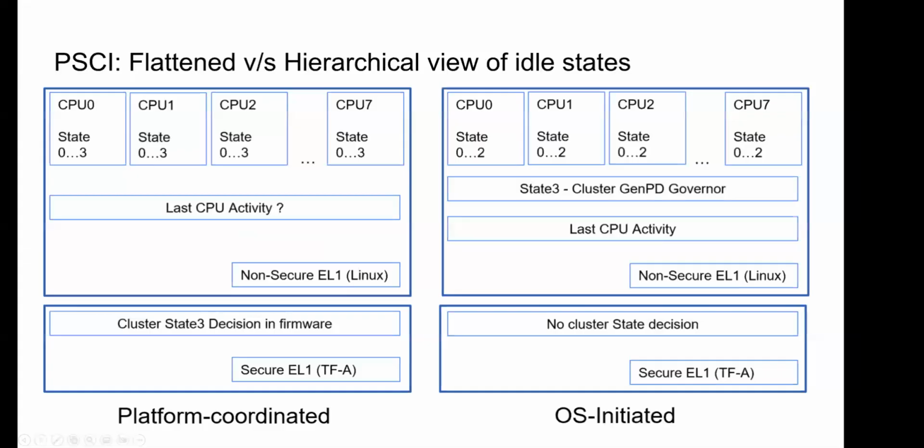I can't have cluster retention and CPU retention. Upstream today has that limitation. Right. The Linux kernel has that limitation of a CPU having to be in the deepest idle state, in this case state 2, to achieve any of the cluster states.